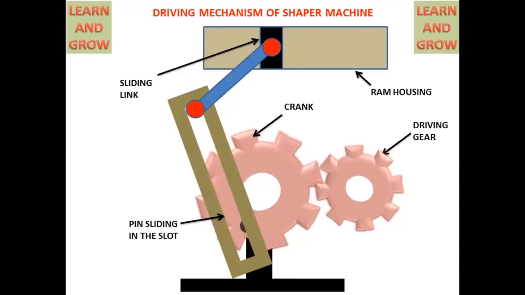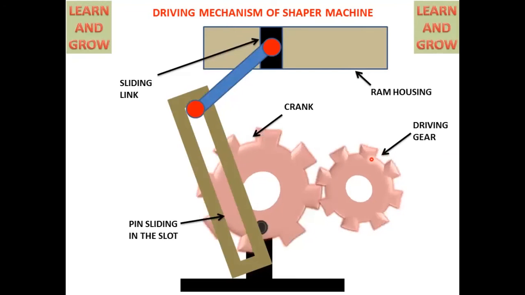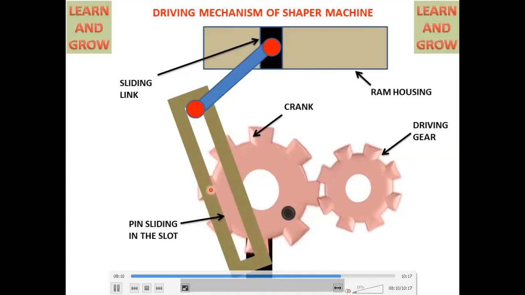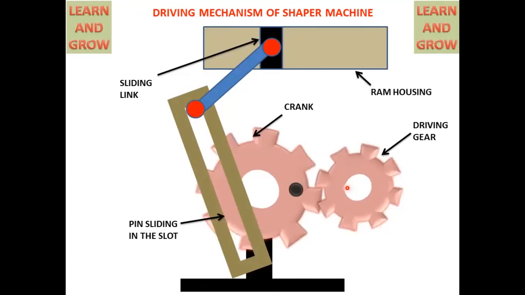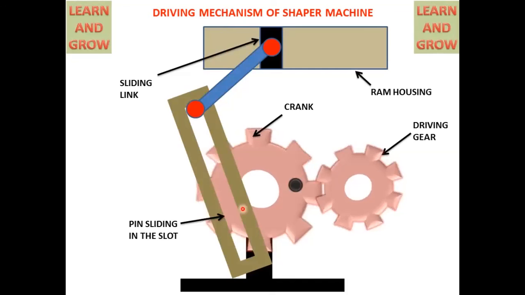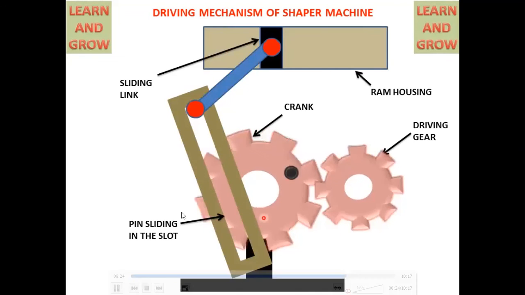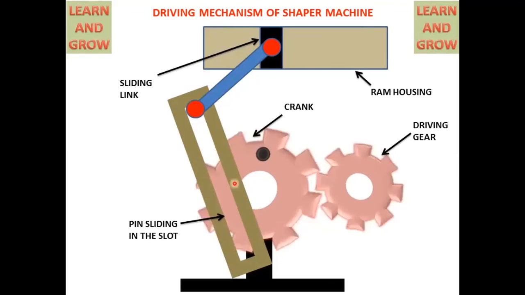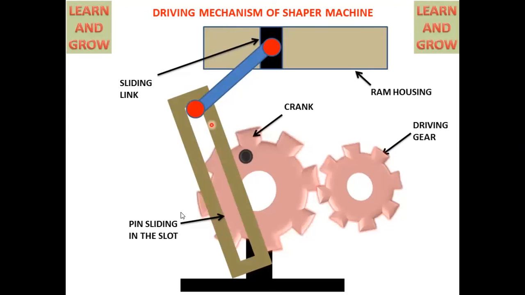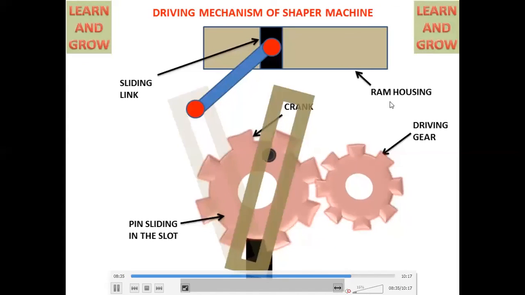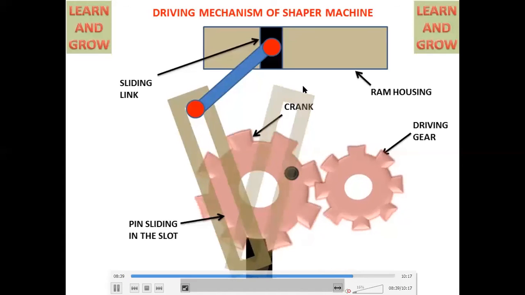You can see, if the gear is not attached to the pin sliding, then the complete mechanism will not work. But when the pin sliding in the slot is connected to the crank, and then the sliding link and the other crank and ram will move like this, upward and forward direction.